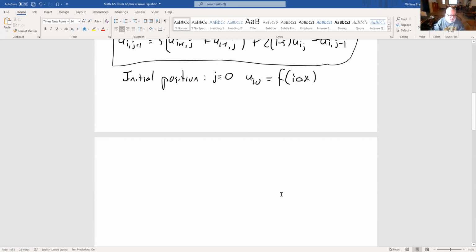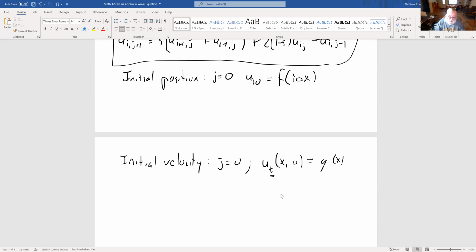Initial velocity is a little bit trickier. Again, we're dealing with j equals 0, but it's u sub t of x comma 0 equals g of x. We have to deal with this derivative somehow.